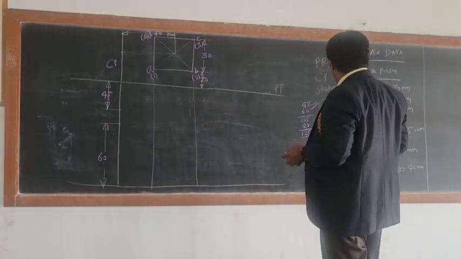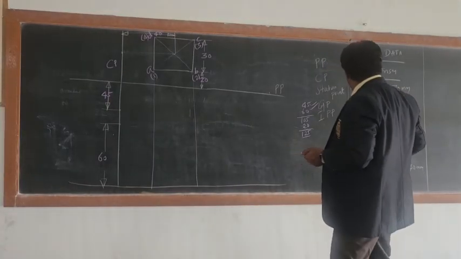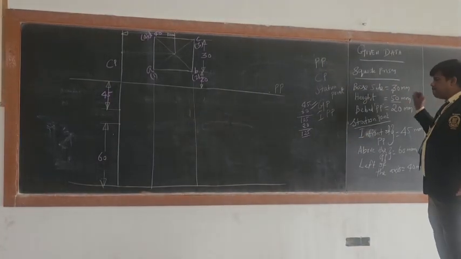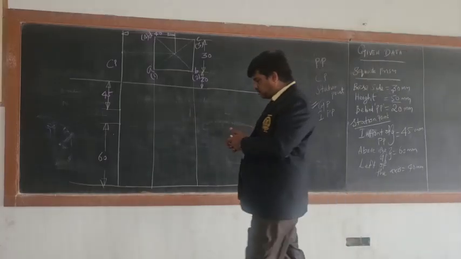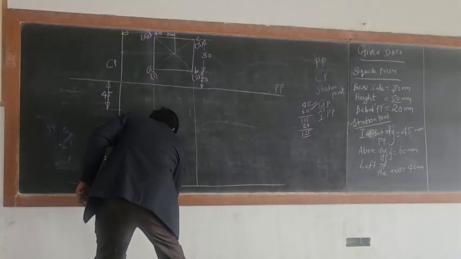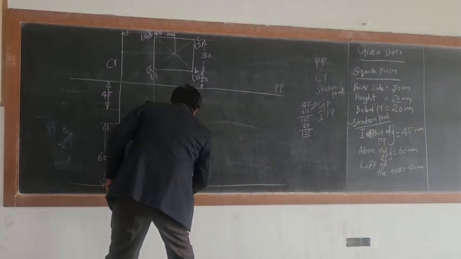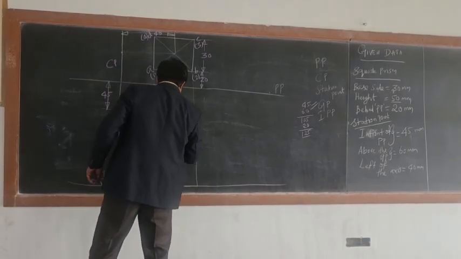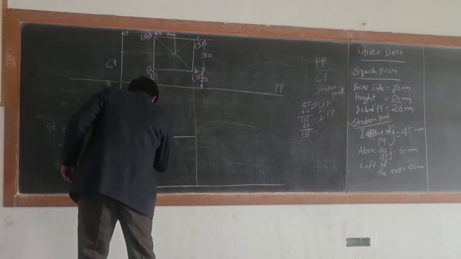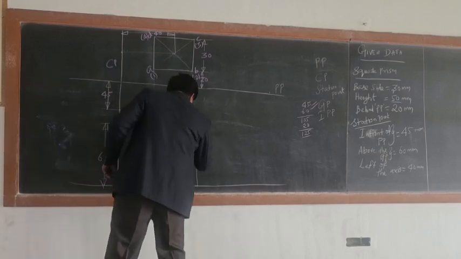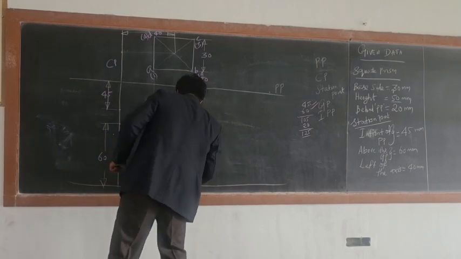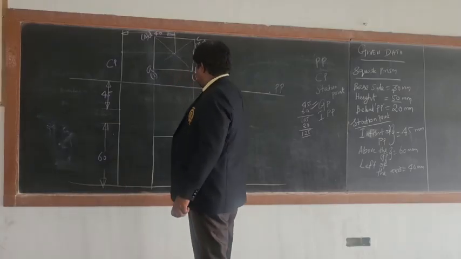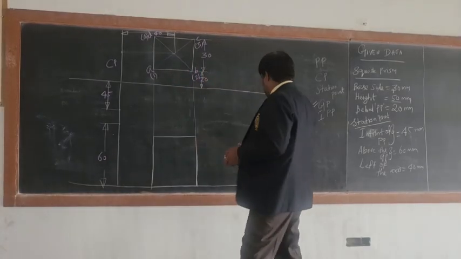Now you can draw the height of the prism. This is 50 mm. The height of the prism is 50 mm.